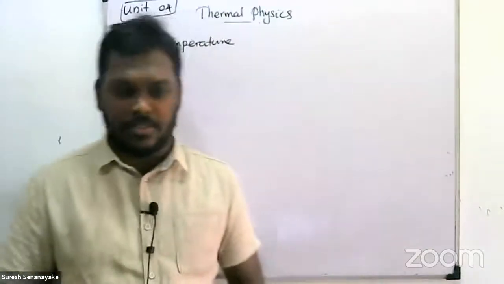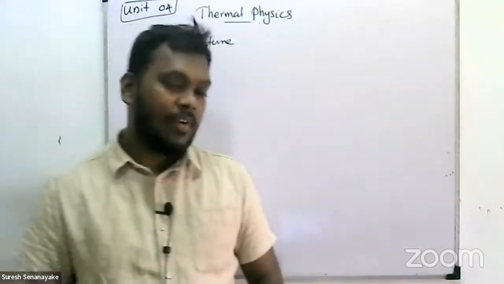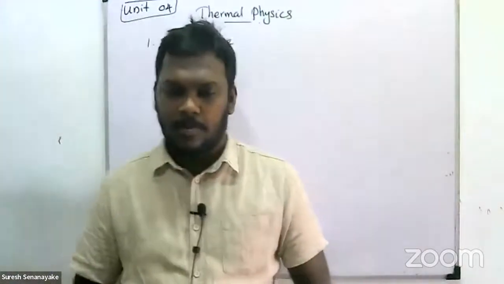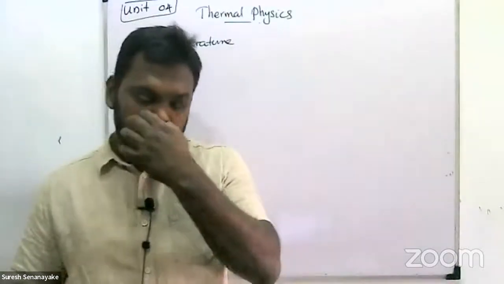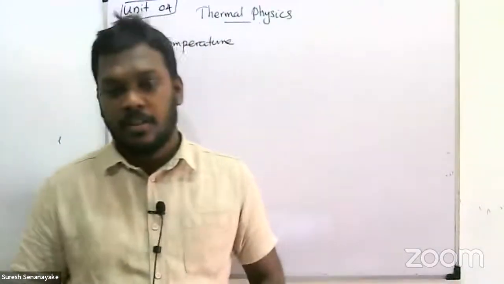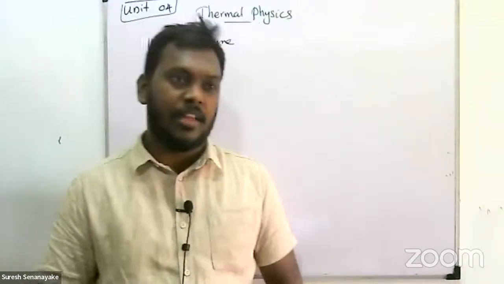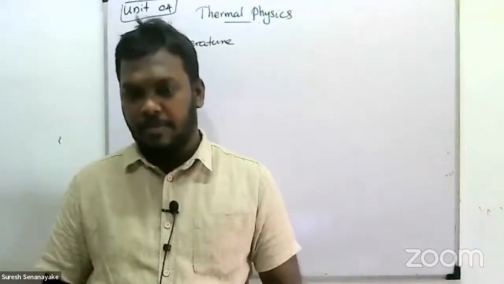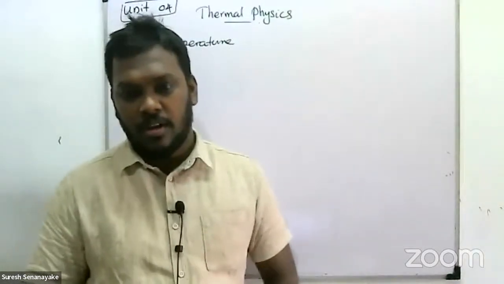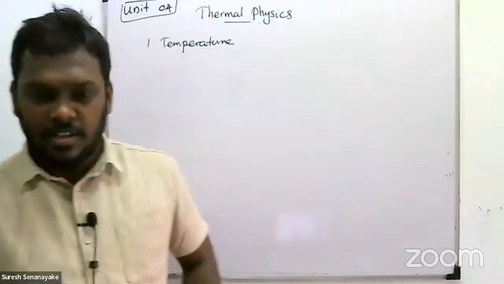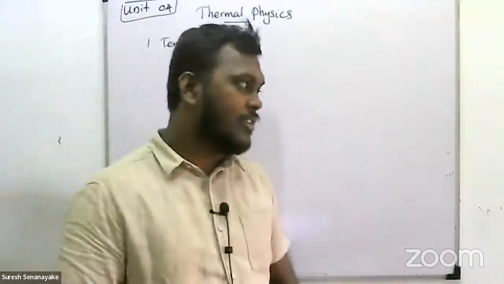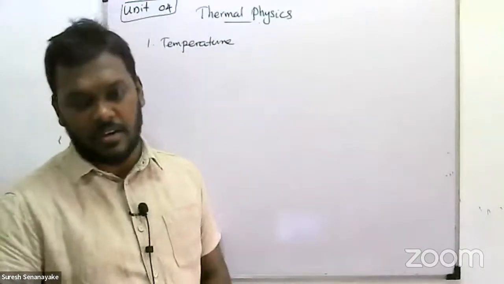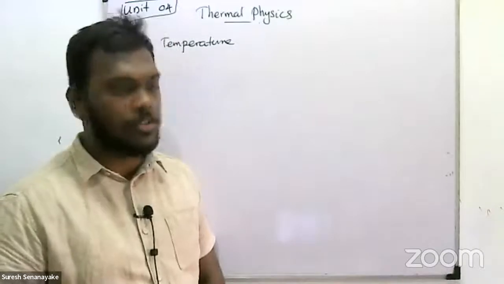Temperature can also be defined with the kinetic energy of the molecules. Above 0 Kelvin, all the particles are vibrating in different modes, so they have kinetic energy. The measure of this kinetic energy depends on the absolute temperature, which we can prove using the kinetic theory of molecules.